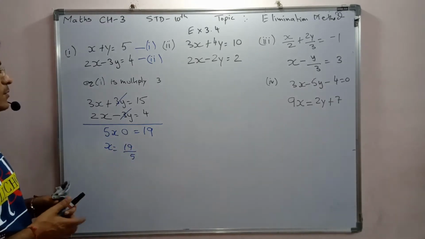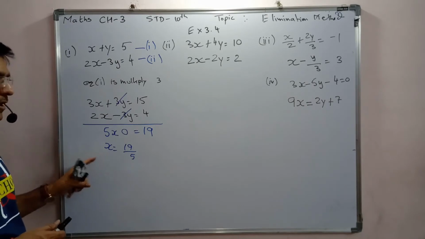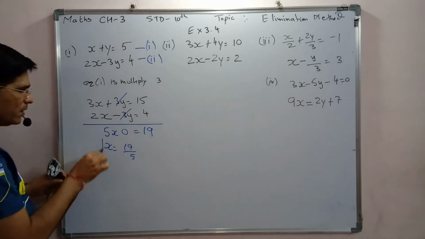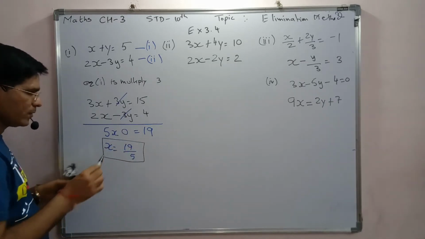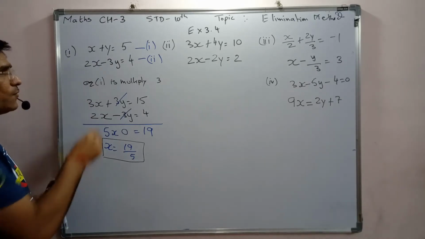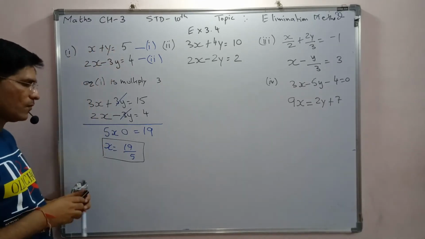Now what we have to do? Put this value of x in either equation 1 or 2. If I put the value of x equal to 19 upon 5 in any of the above equations, it is easy for us to use x plus y is equal to 5.